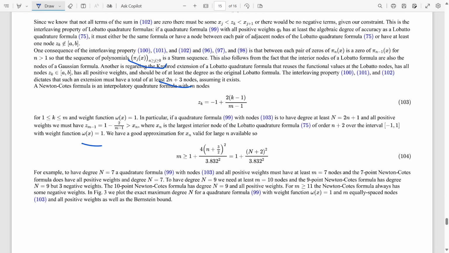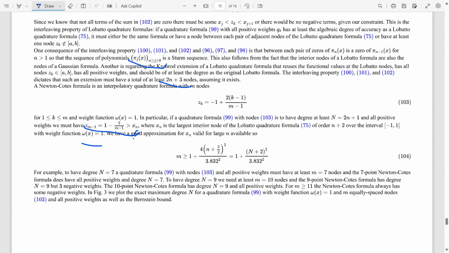If such a quadrature formula has degree big N greater than or equal to 2 little n plus 1 and all positive weights, then it follows that z sub m plus 1, m minus 1, which equals 1 minus 2 over m minus 1, has to be bigger than xn by the interleaving theorem, where xn is the largest interior node of the n plus 2 point Lobatto quadrature formula over the closed interval from -1 to 1, with omega of x equals 1.